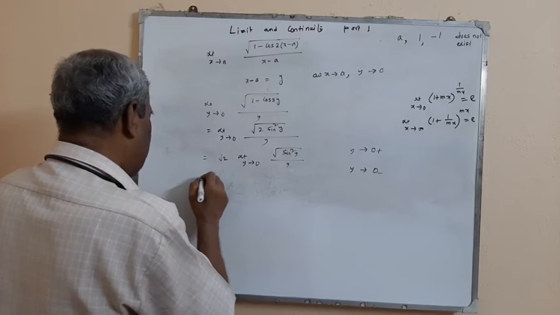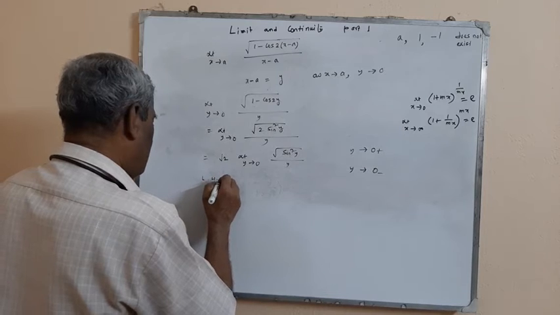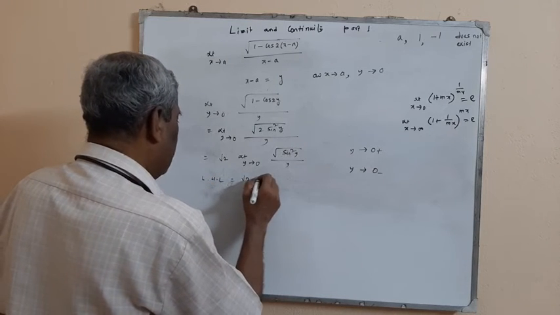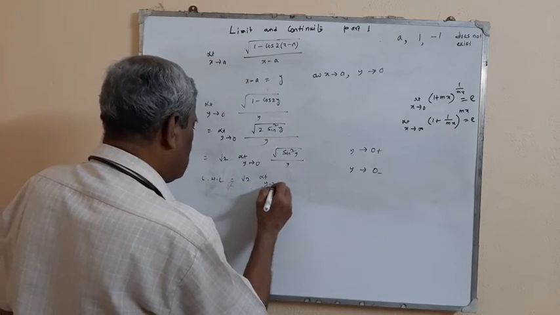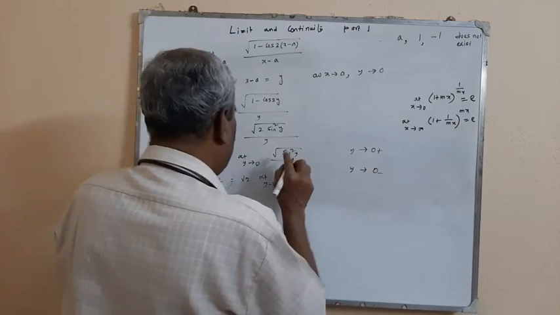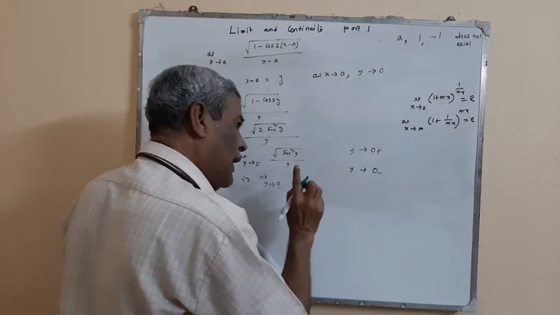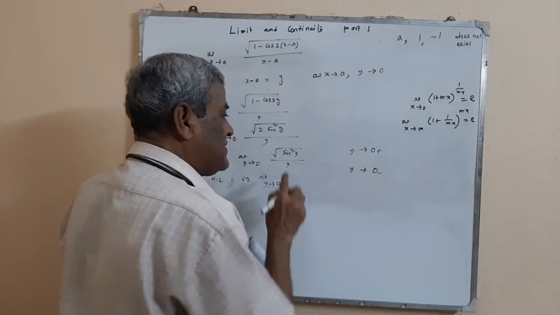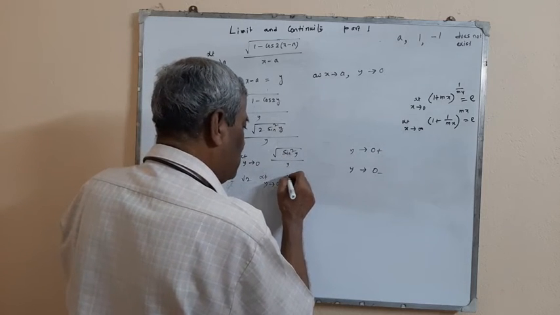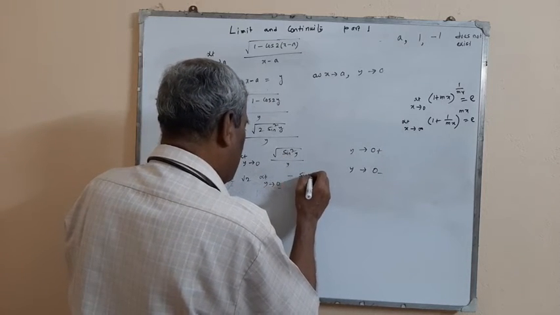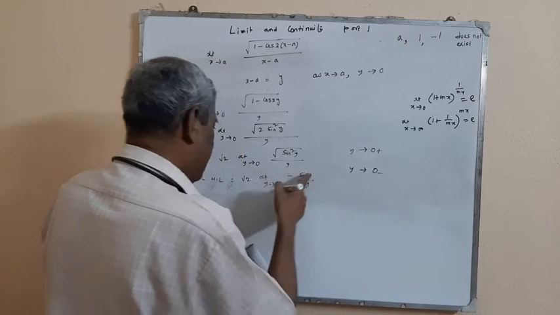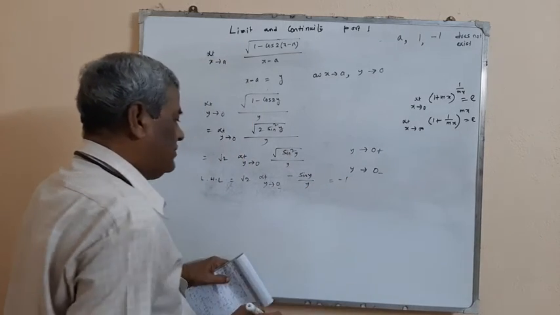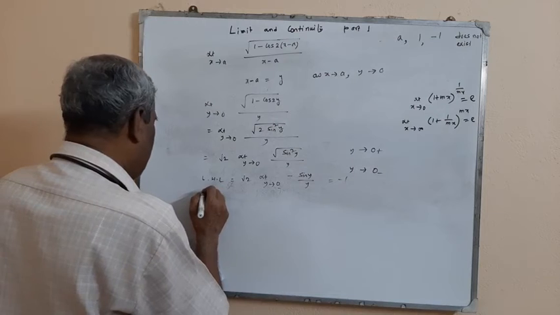So its left hand limit: root 2 into limit y tends to 0 minus. Sin y is negative itself, so it is equal to minus sin y by y, so its value is minus 1.